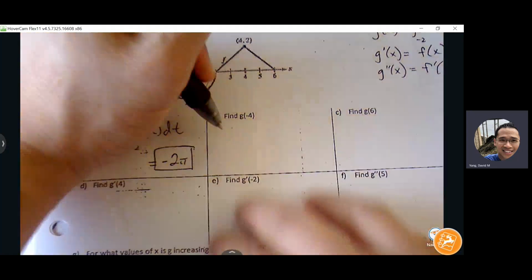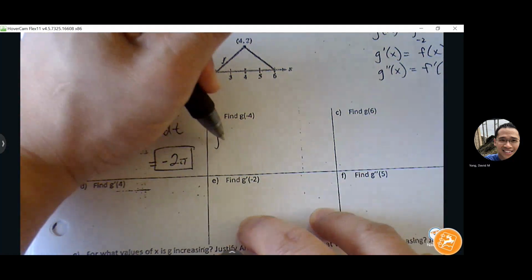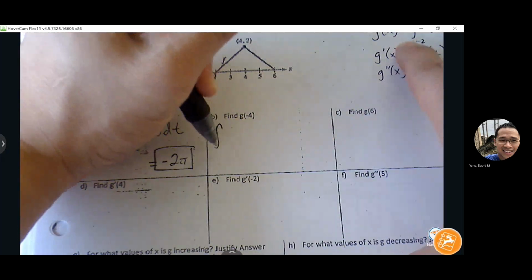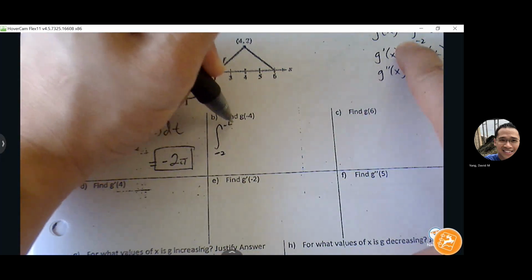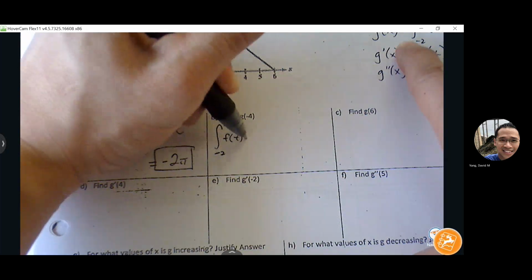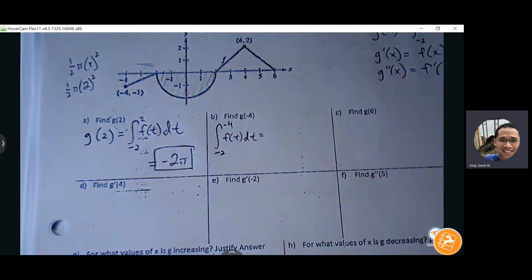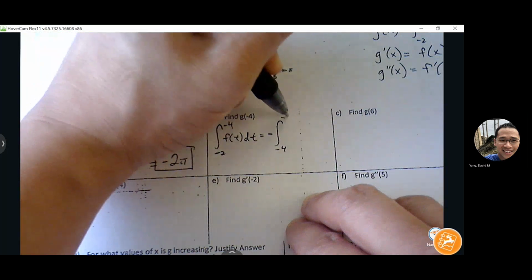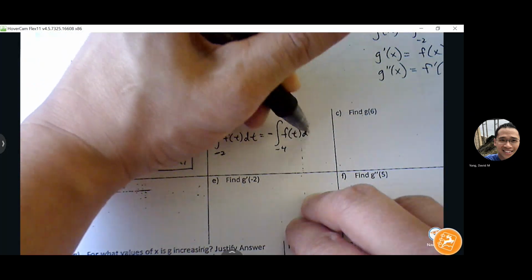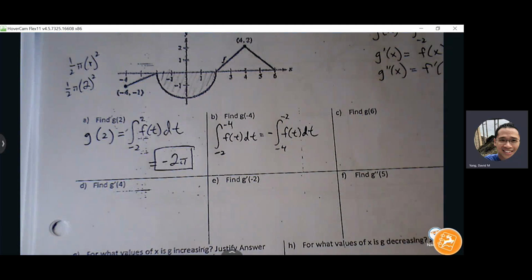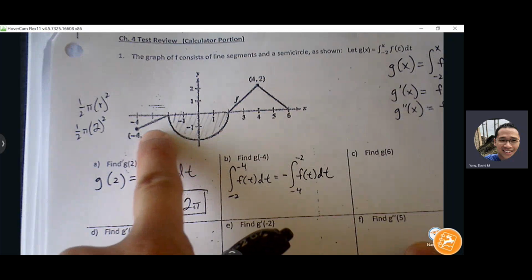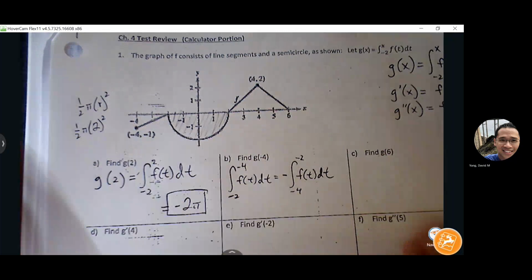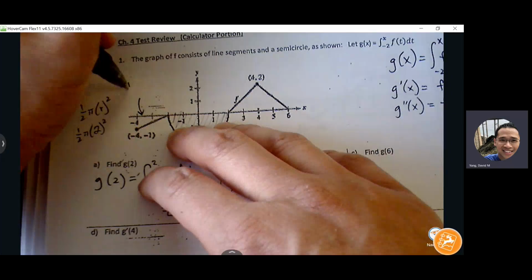G of -4. Okay, is adjustment needed here? Yes, so I'm going to go ahead and flip the balance, change the sign. Between -4 and -2, I'm looking at this little triangle region here. 1/2 base times height.